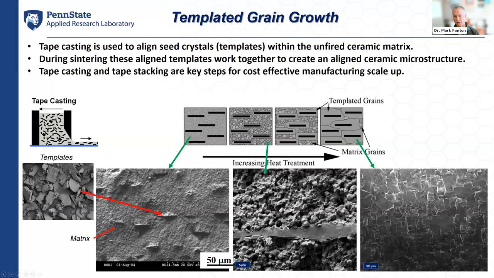The middle picture showing the initial stages of sintering and densification, where we've got this dense fine-grained matrix very closely compacted around our template particle. And then finally, a microstructure image showing how these templates expand and create essentially a brick wall microstructure with textured alignment from top to bottom in the slide. So in this particular case, the crystallographic alignment is along the 001 crystallographic direction, top to bottom in that right-hand image.